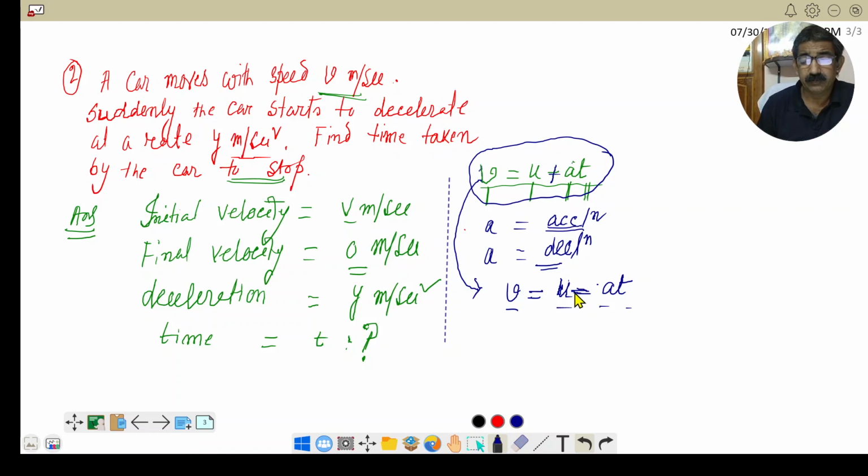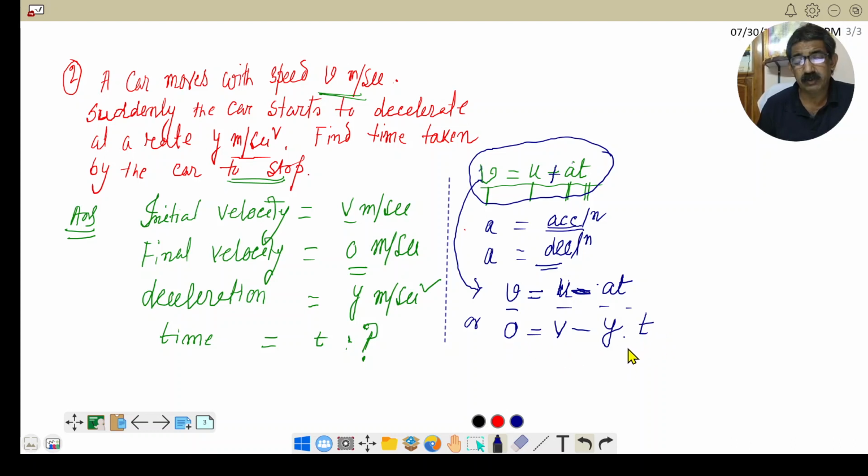Now, final velocity is equal to 0. This is 0. Initial velocity, in place of u, it has been given v. So v minus, in place of deceleration, that is y, and t is the required time.